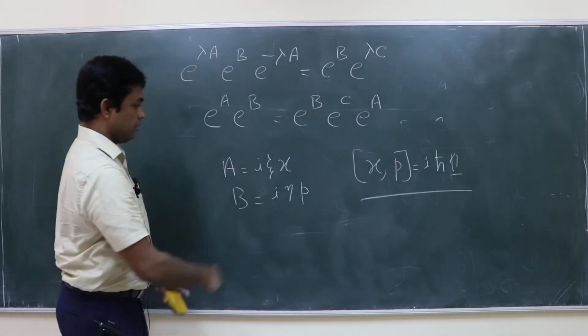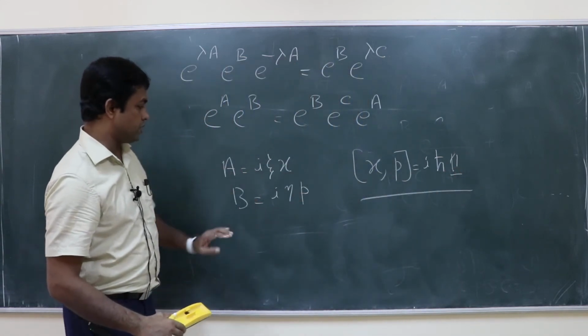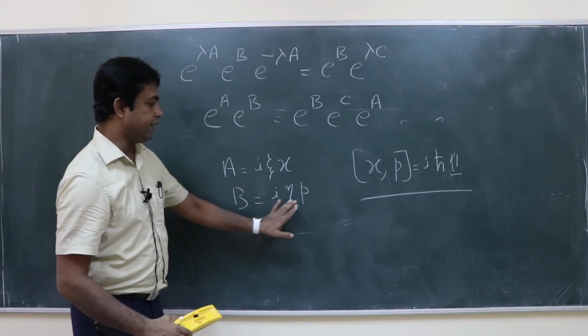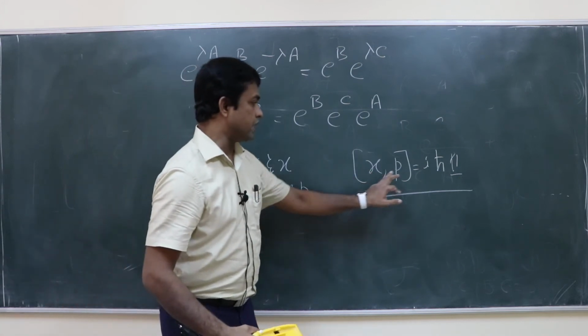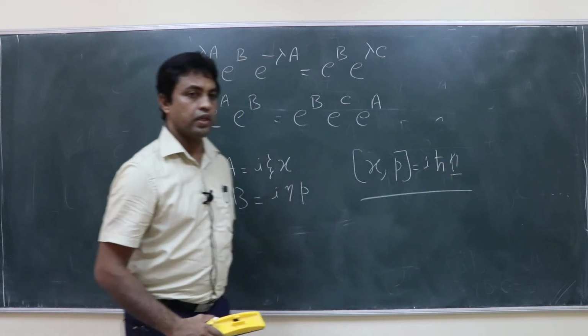Is this clear? The operator A is i psi x, operator B is i eta p, where the commutator of x with p is i h cross, identity operator.